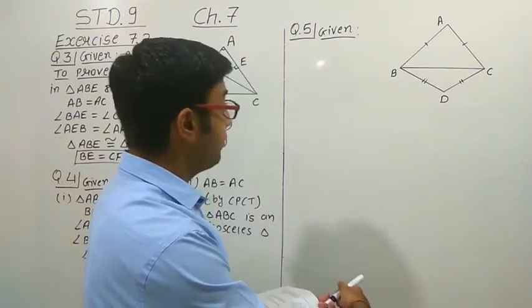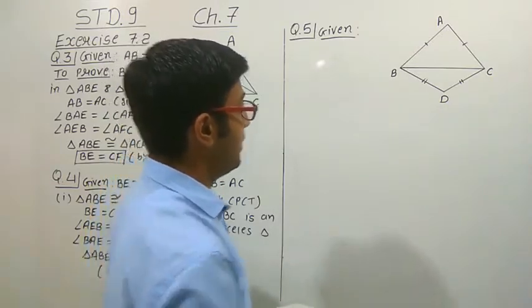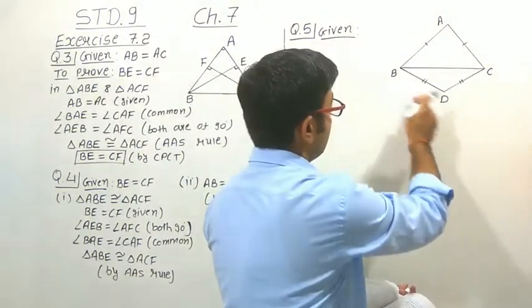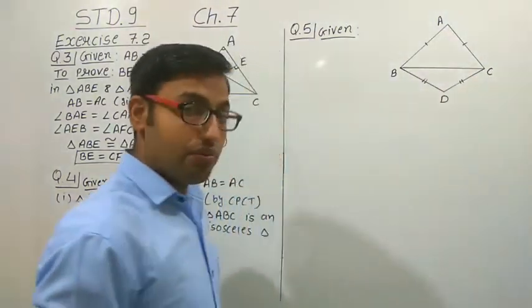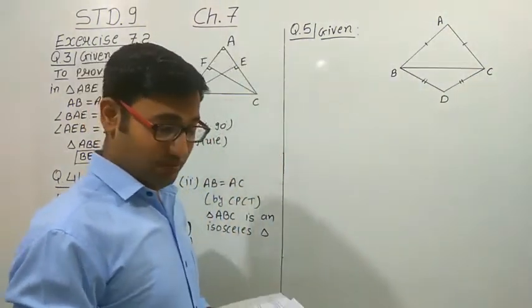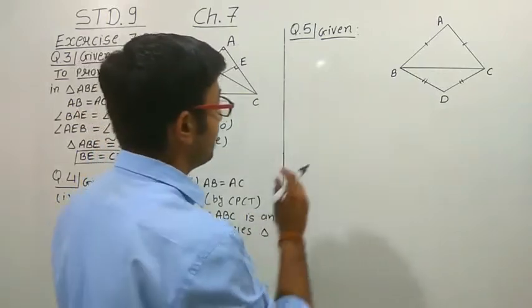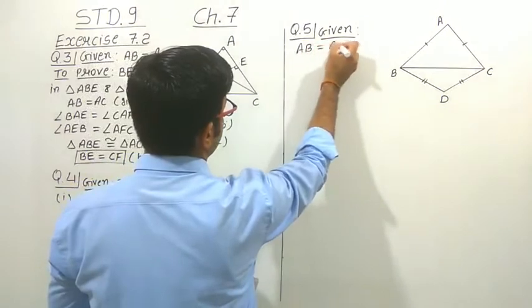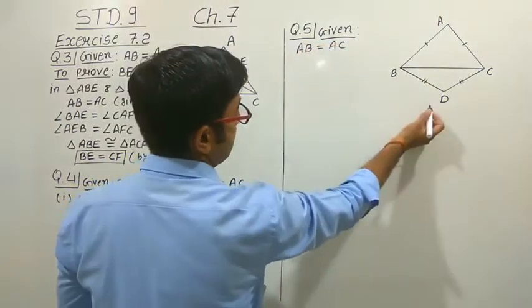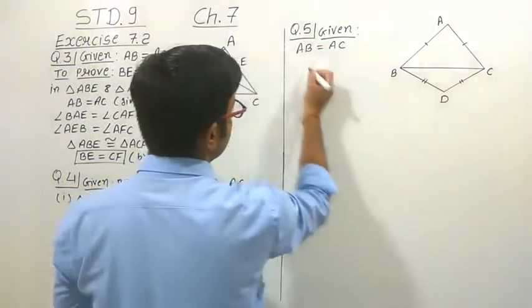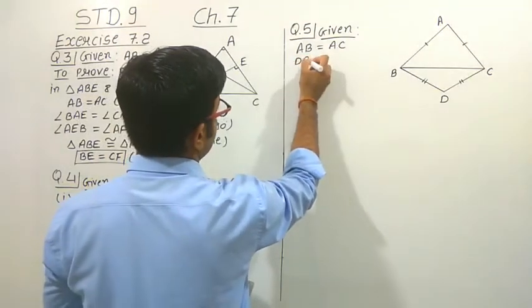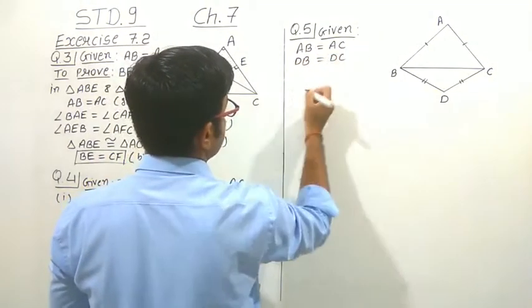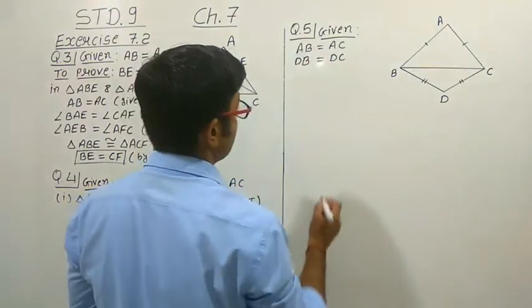So here we are given two triangles, one is triangle ABC and another is DBC, and both are isosceles triangles. So here we can write down that side AB is equal to side AC and side DB is equal to side DC. This we can write down as given.